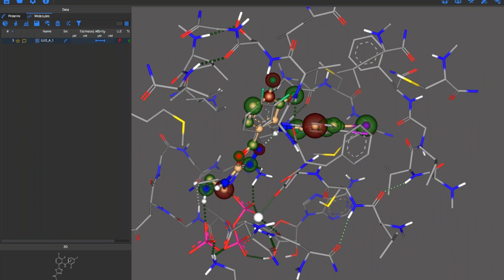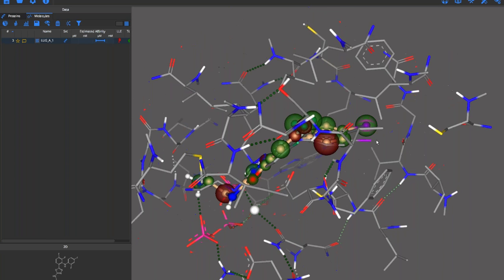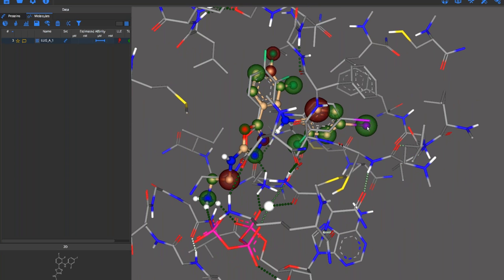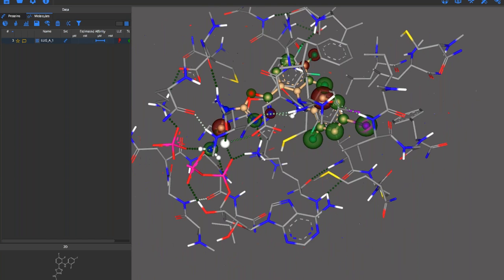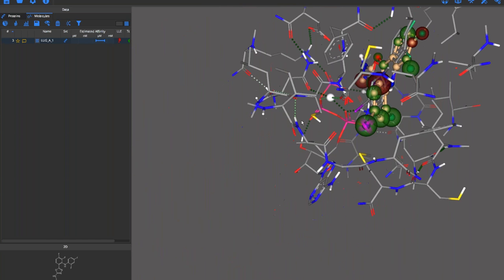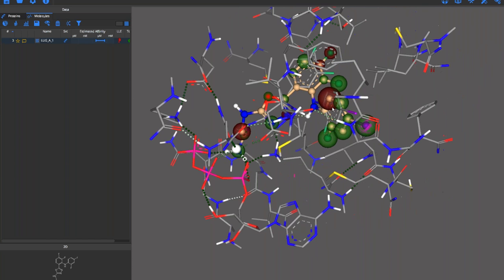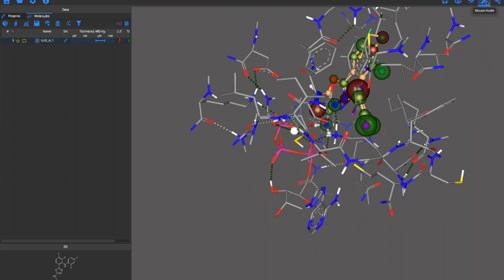In this ligand, we have two fluorine atoms on one ring, another fluorine atom on the second ring, and an iodine. And the iodine actually is supposed to form, that's what I found in the publication, a very strong halogen bond with the backbone of the receptor. But when I look at this from the geometry, the distance seems to be okay.